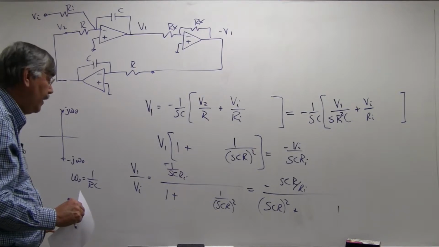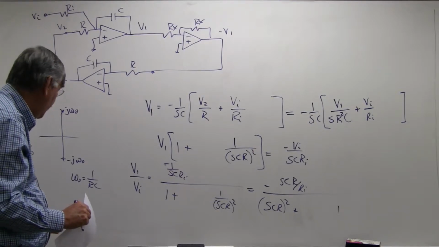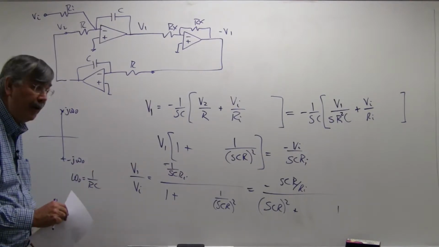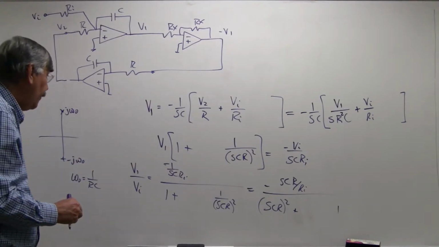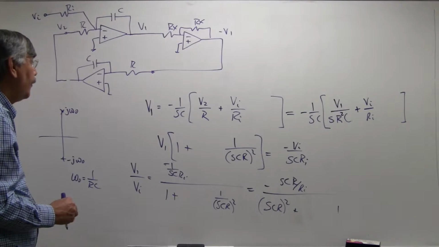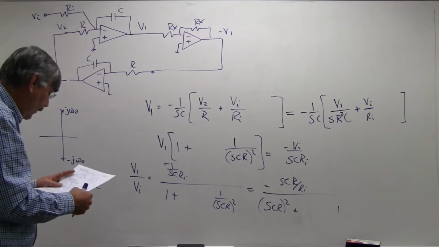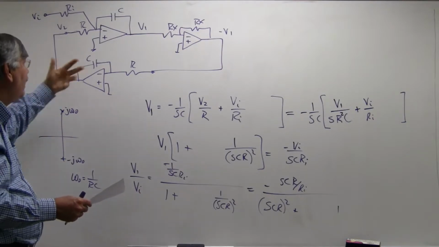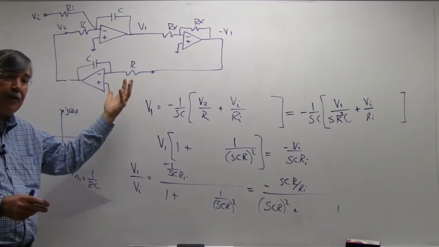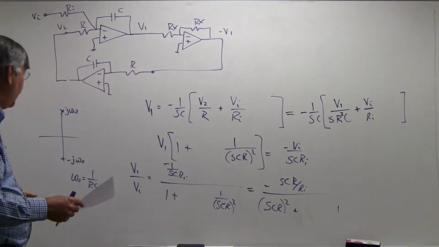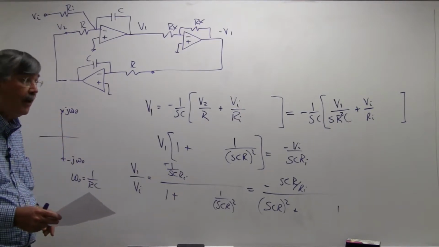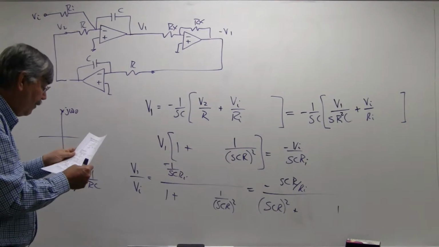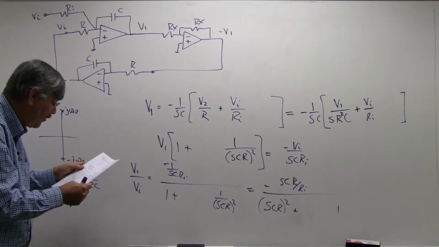And if we set S equal to j omega naught, then the denominator would go to 0. So this is our undamped circuit. Now this thing is a resonator, and if we gave it a chance, if we put energy into it, supposedly it'll oscillate at this frequency with constant amplitude. And so maybe that's interesting. If we were trying to build an oscillator, we could maybe try and do that.